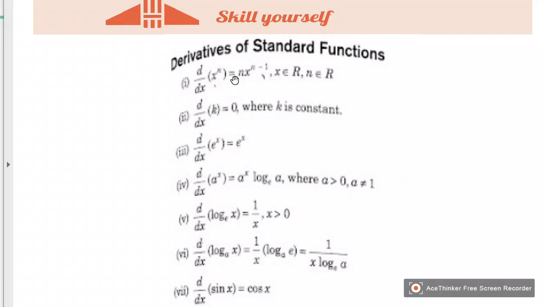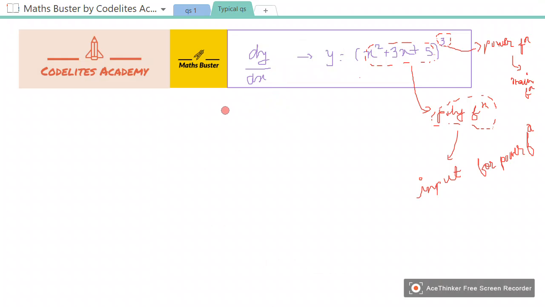Here we can see the derivative of x raised to n is n into x raised to n minus 1. x raised to n means variable raised to constant. Can I say n is your constant? For a particular question n is your constant. So is this a variable, the full polynomial? Yes. And is 3 your constant? Yes. We can use this.